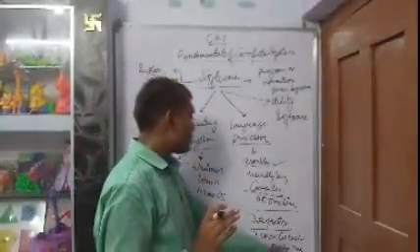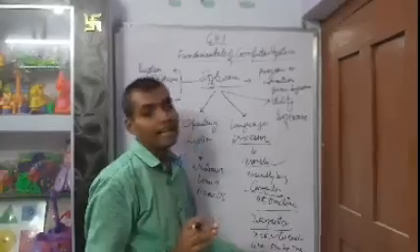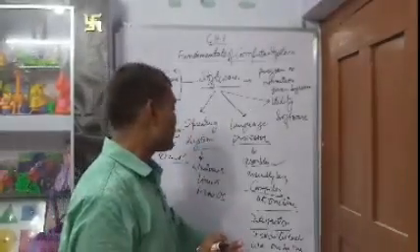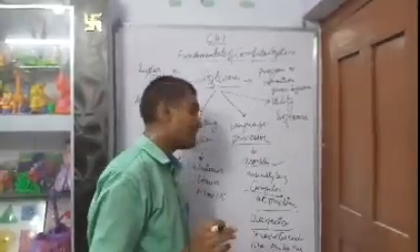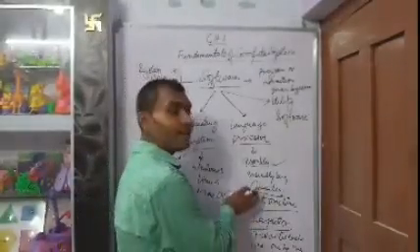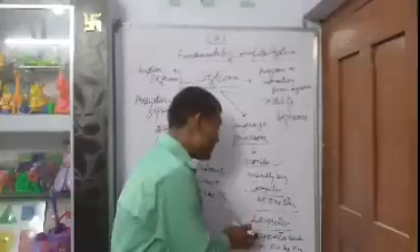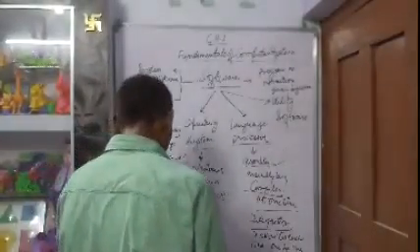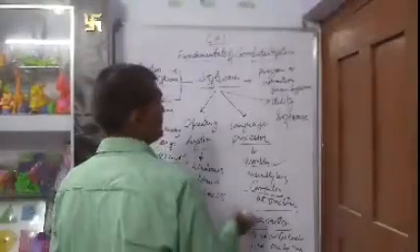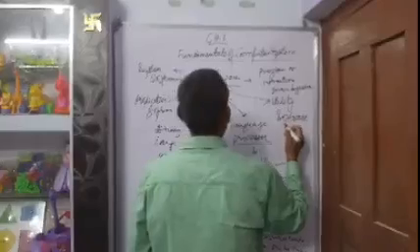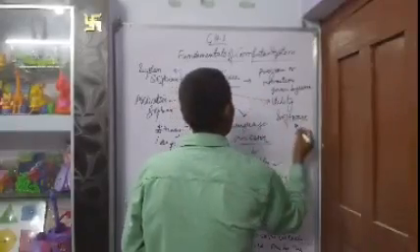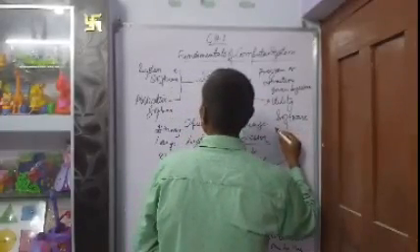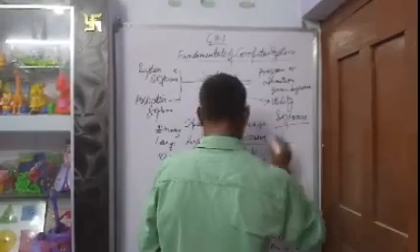The interpreter executes line by line, each instruction one by one. So the speed of the compiler is fast and the speed of the interpreter is slow. Now, in this category, we are going to discuss the third system software, that is the utility software.